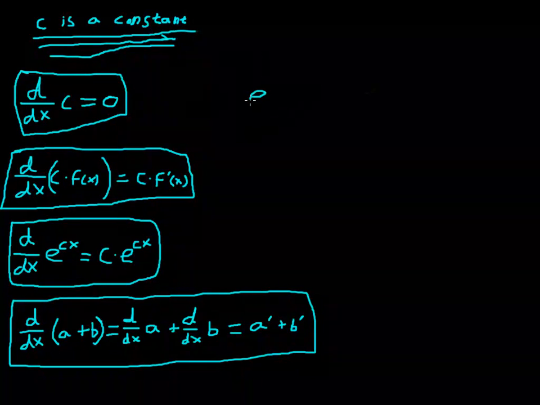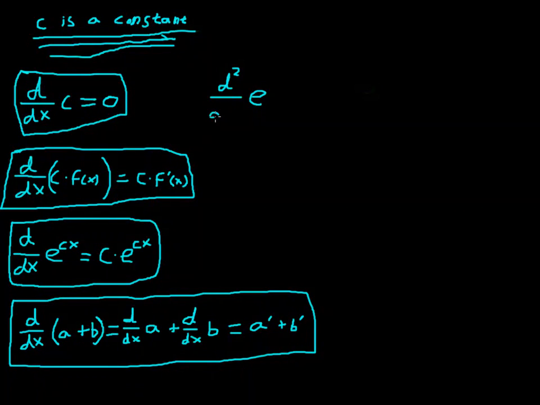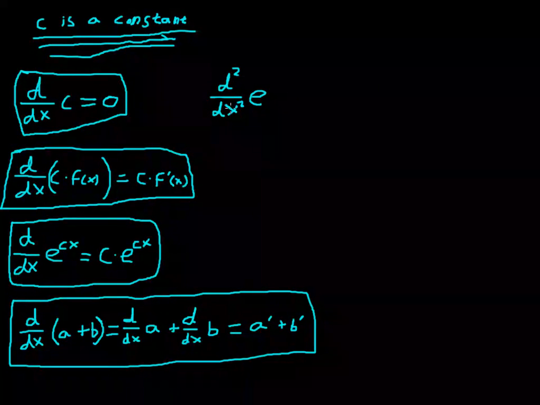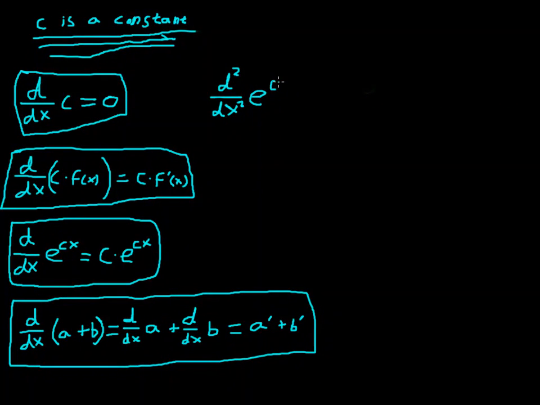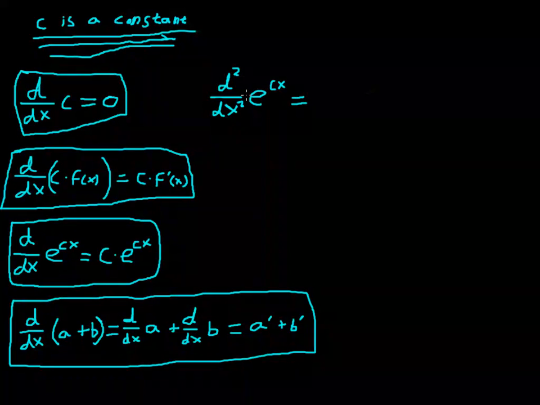So say we are taking the second derivative, d squared by dx squared of e to the cx. What is that equal to? Well, that is the derivative of the derivative.